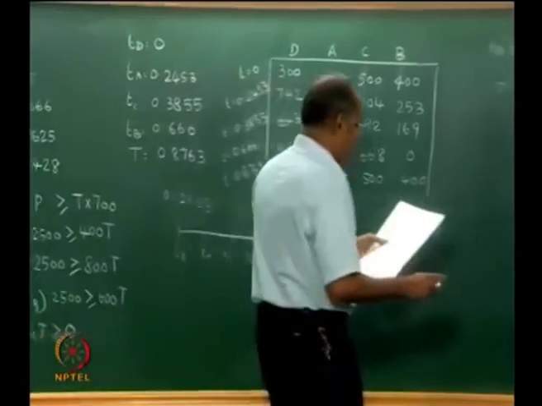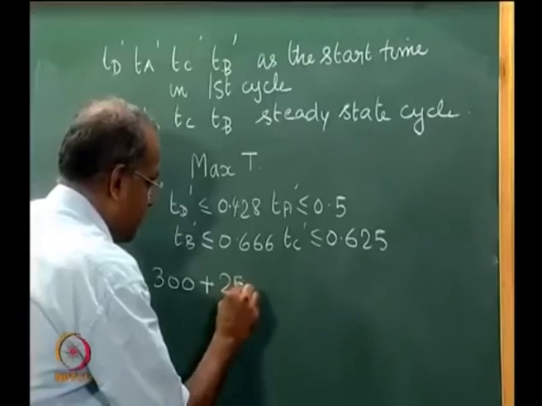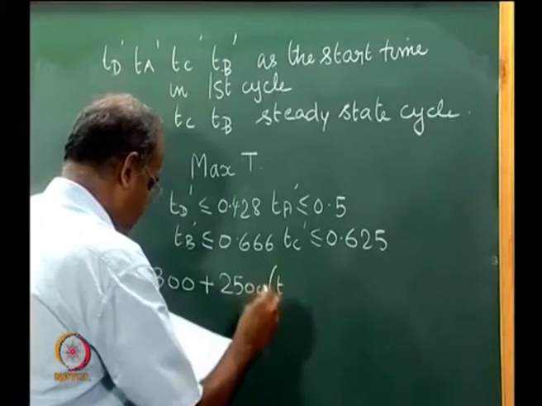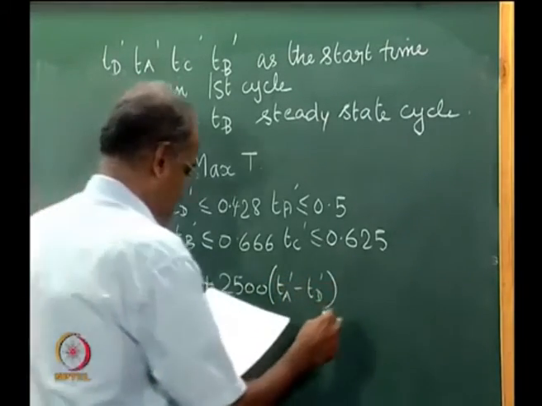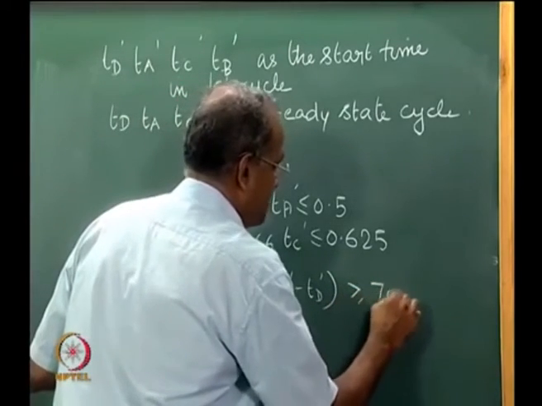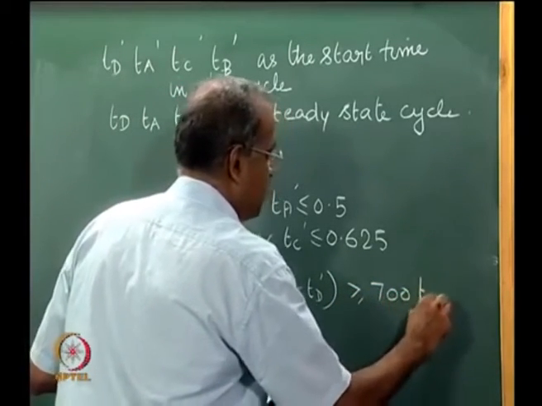So, 300 plus 2500 into TA dash minus TD dash is greater than or equal to 700 TD.